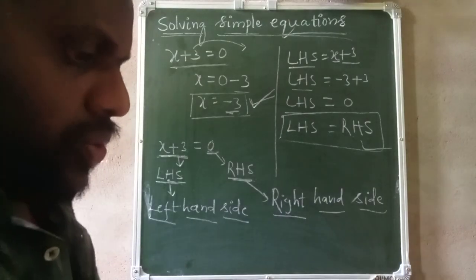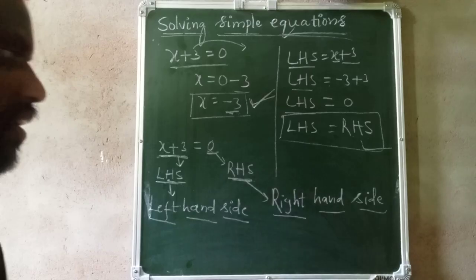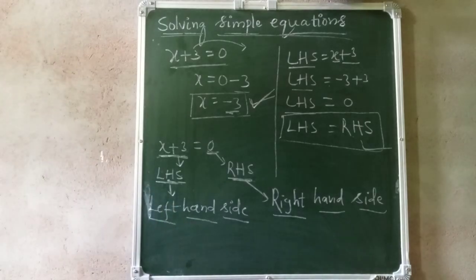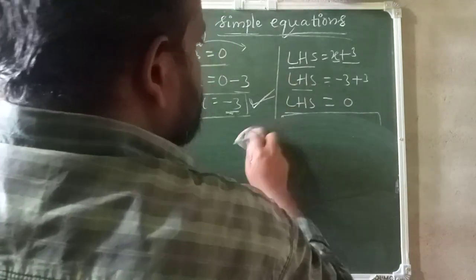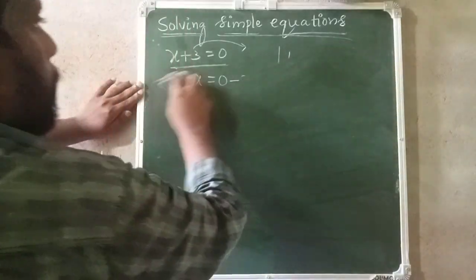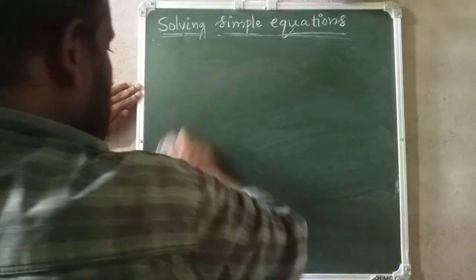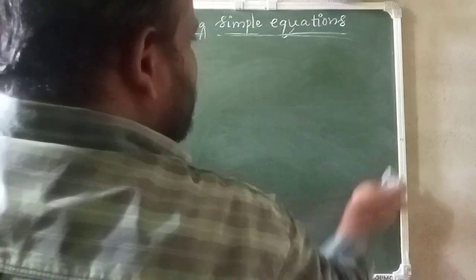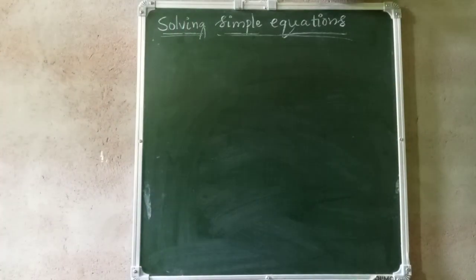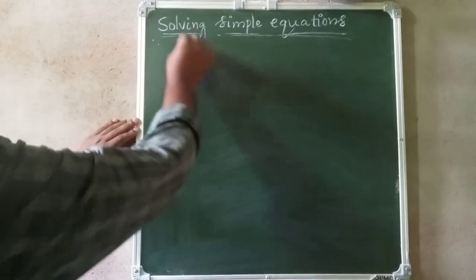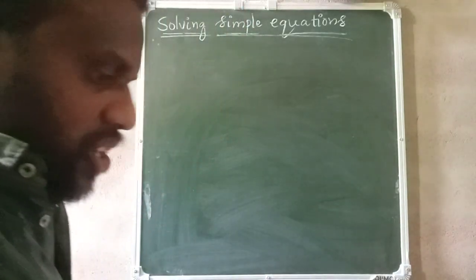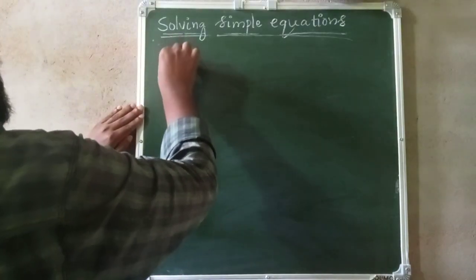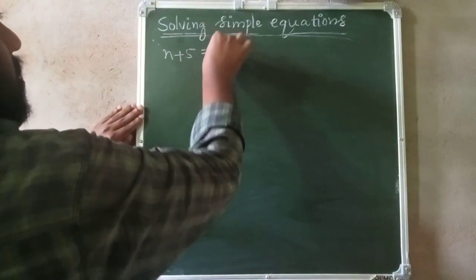So next we will move on to other equation. So next equation is n plus 5 is equal to 19.